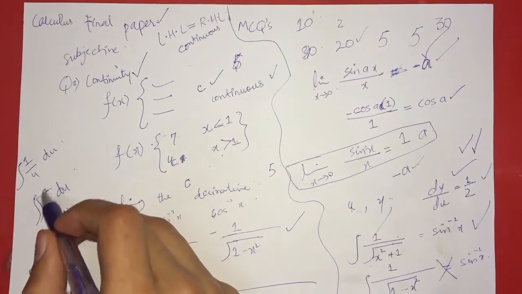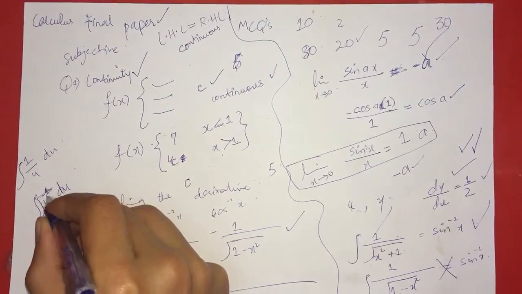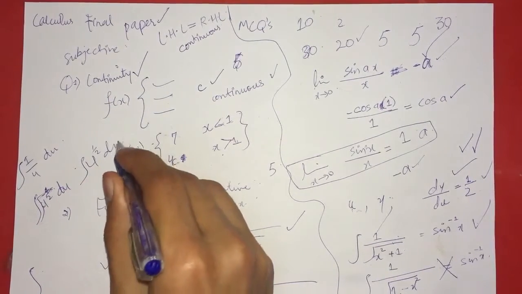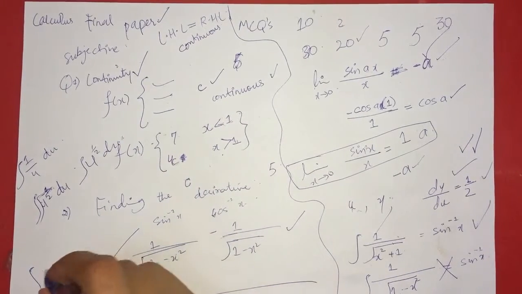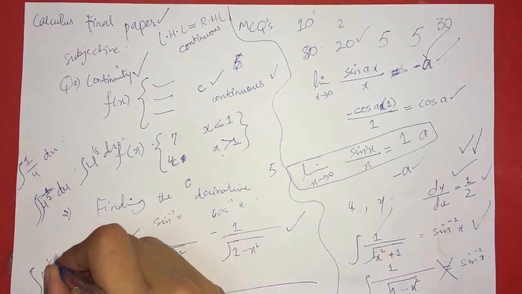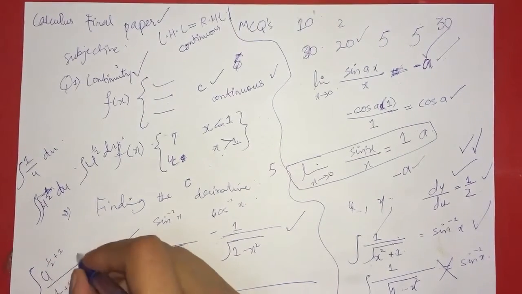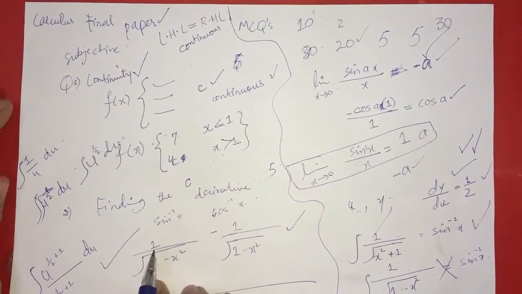So under root u, and under root u is u power 1 by 2. So the integration of u power 1 by 2 du. The power rule in terms of integration says u power (1 by 2 plus 1) divided by (1 by 2 plus 1) du.